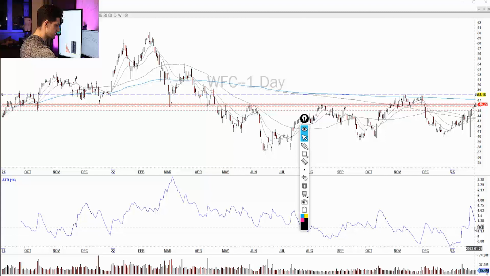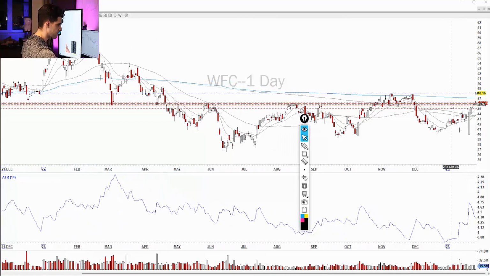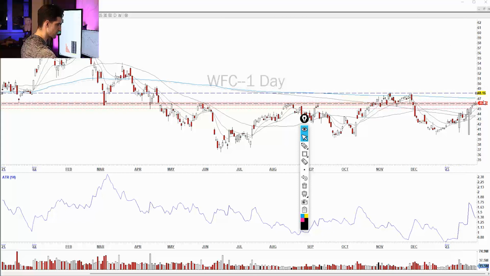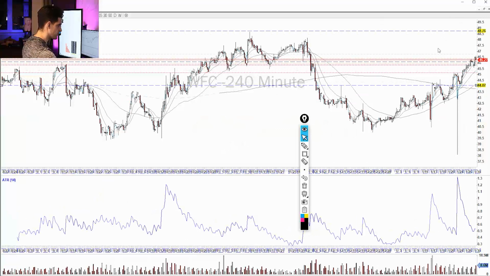The daily ATR is around $1.25. So I'm going to go around $2.50 to the upside above the current price and $2.50 to the downside. And if today's close would be around 46.25, as you could see around here, you could go all the way to 48.70 and cover the bottom all the way to approximately 44. And this is the area where we are looking for levels.